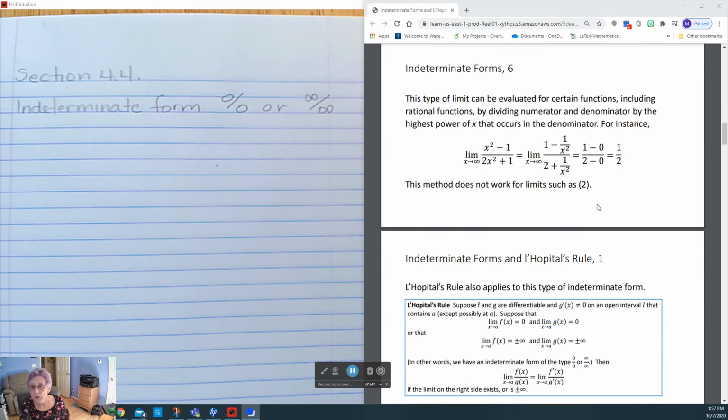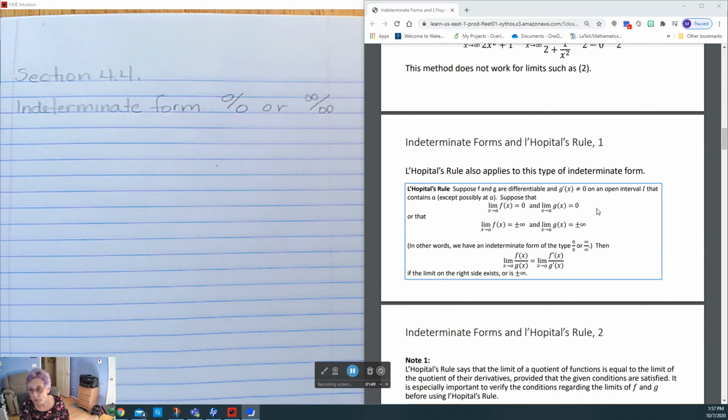And the basic gist of L'Hopital's rule is if you have an indeterminate form, the functions themselves and their limiting values behave like the ratio of their derivatives. So you can take the derivative of the top and the derivative of the bottom. Don't quotient rule. Derivative of top, derivative of bottom.